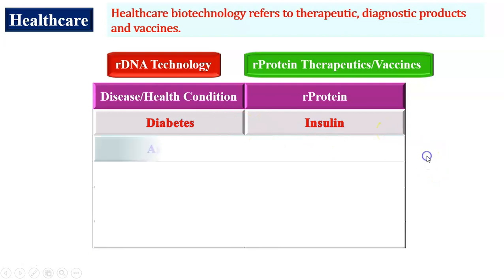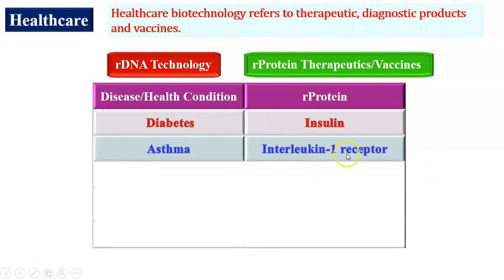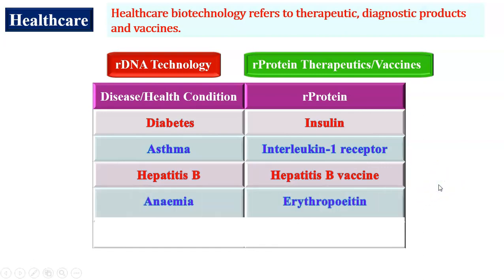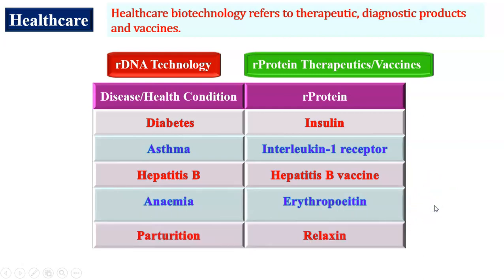For asthma, interleukin-1 receptor is produced using recombinant DNA technology. For hepatitis B, the vaccine gets produced using rDNA technology. For anemia, erythropoietin, and for the parturition condition, relaxin is used, which is an r-protein produced using recombinant DNA technology.